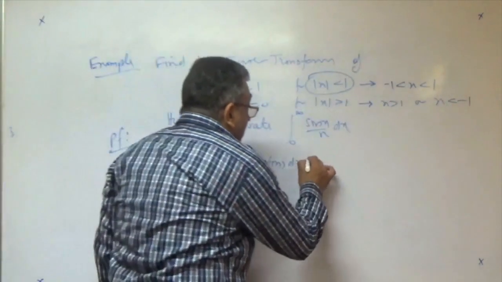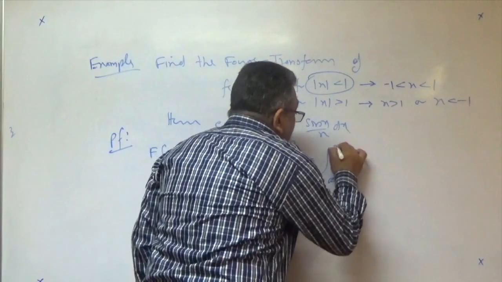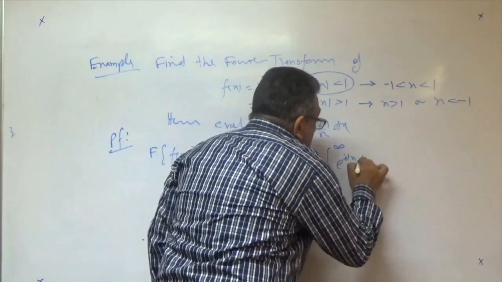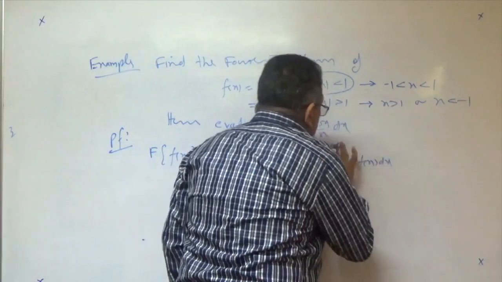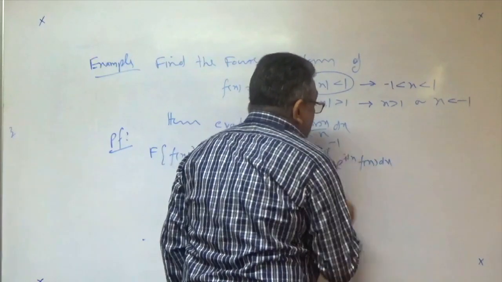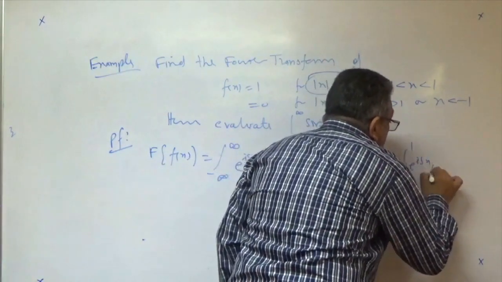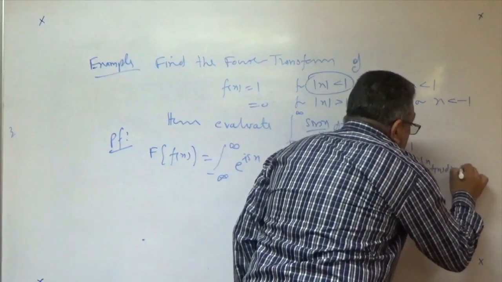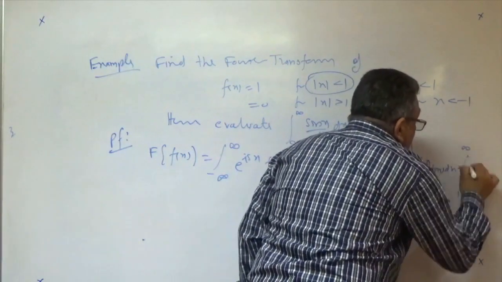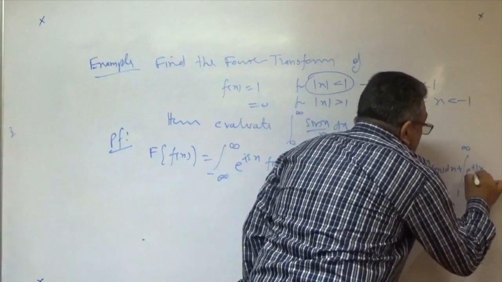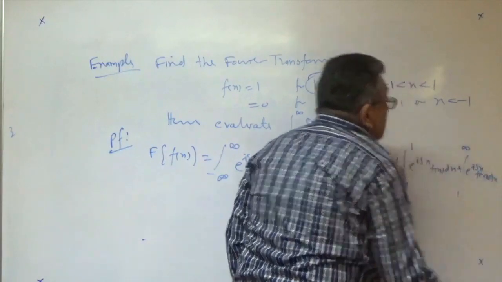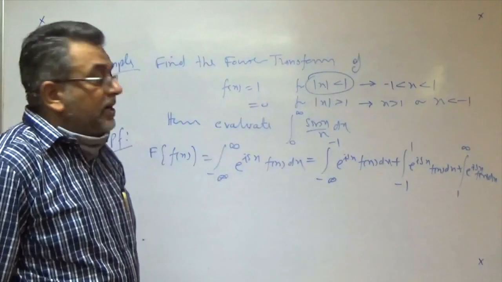So it breaks into three parts: minus infinity to -1 of e to the power isx f(x) dx, then -1 to 1 of e to the power isx f(x) dx, and then 1 to plus infinity of e to the power isx f(x) dx, right? This integral breaks into three parts.